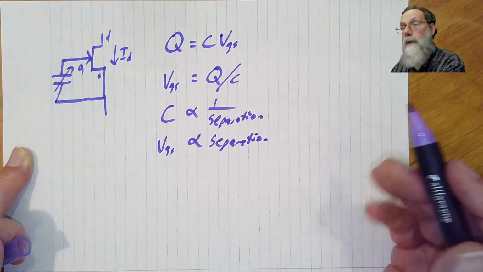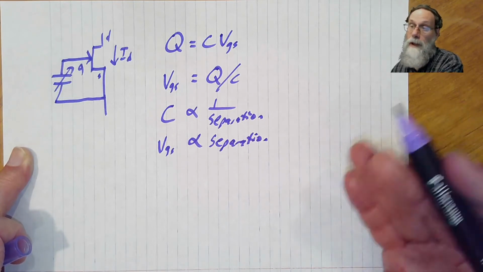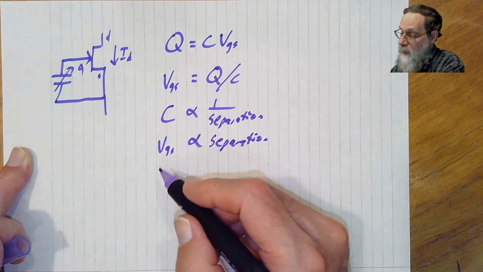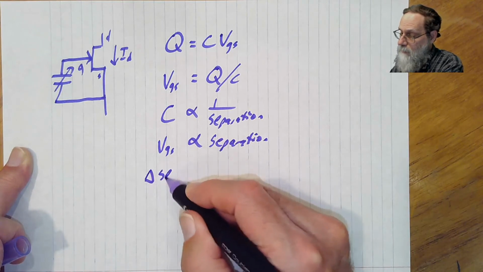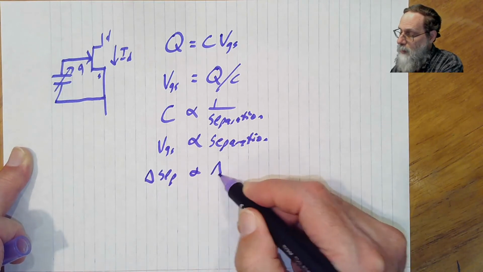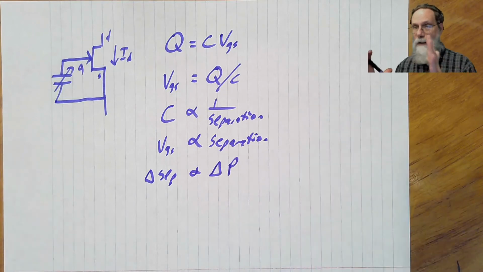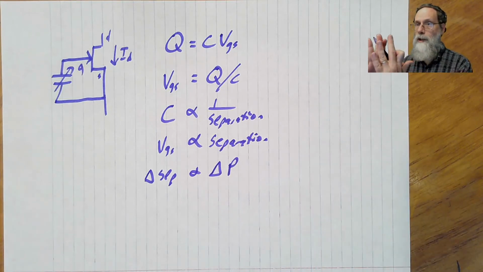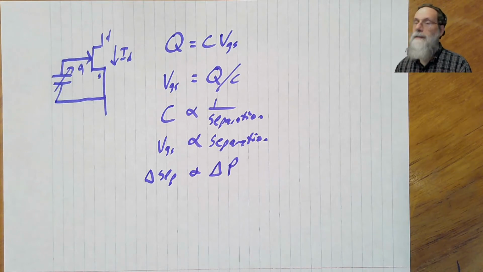So what that tells us is that the gate to source voltage is proportional to the separation. Now, what does that separation do? It starts out as a fixed distance, but the change in separation is proportional to the change in pressure. When we've got a high pressure, we're pushing the two plates together. When we've got a low pressure, we're pulling the plates apart, so the constant of proportionality may be thought of as negative.